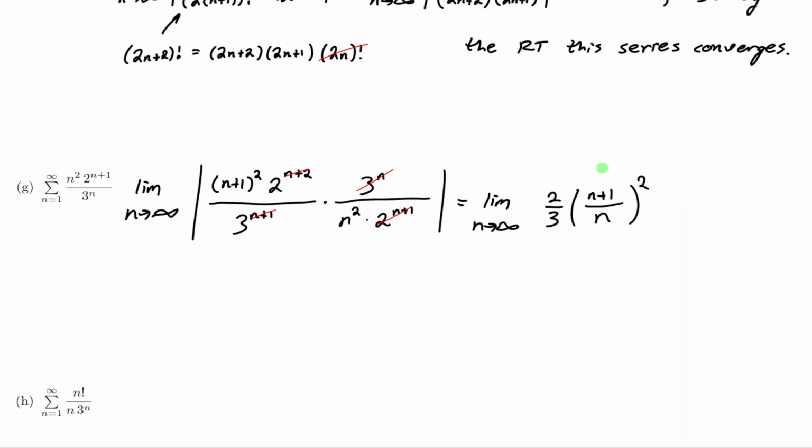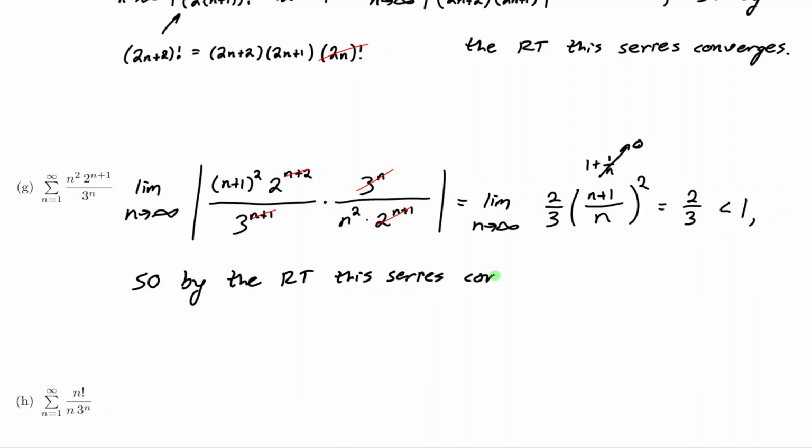When I put those together, we can write this as 1 plus 1 over n inside also, and that's going to go to 0, and so our limit overall is going to be equal to 2/3 times 1 plus 0 squared, so just 2/3, which is less than 1. So by the ratio test, this series converges.